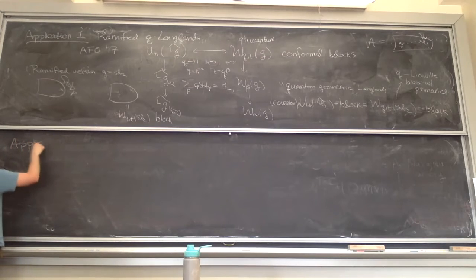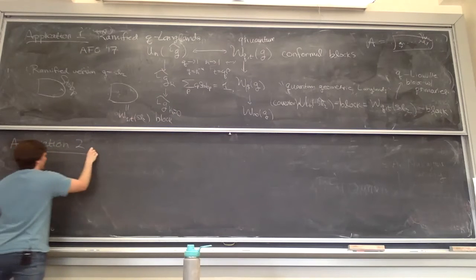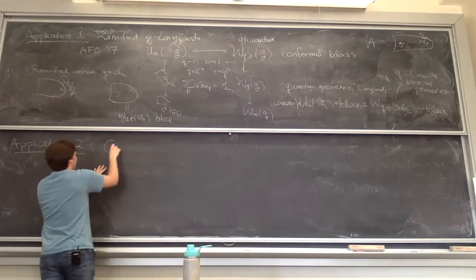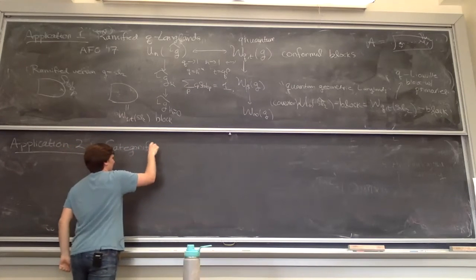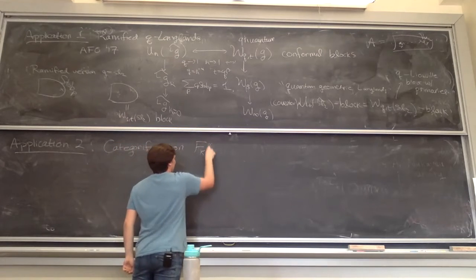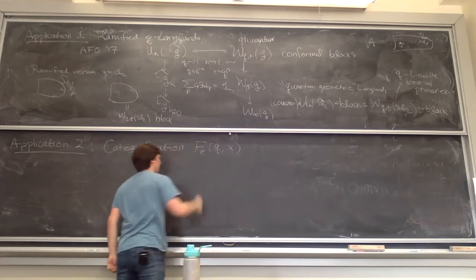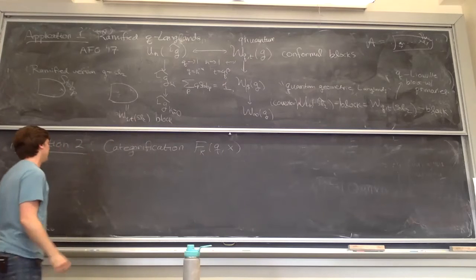The other thing that I have thought about is this categorification of this FK guy that I talked about in the beginning. So this was kind of a motivation to even think about this whole thing to begin with.